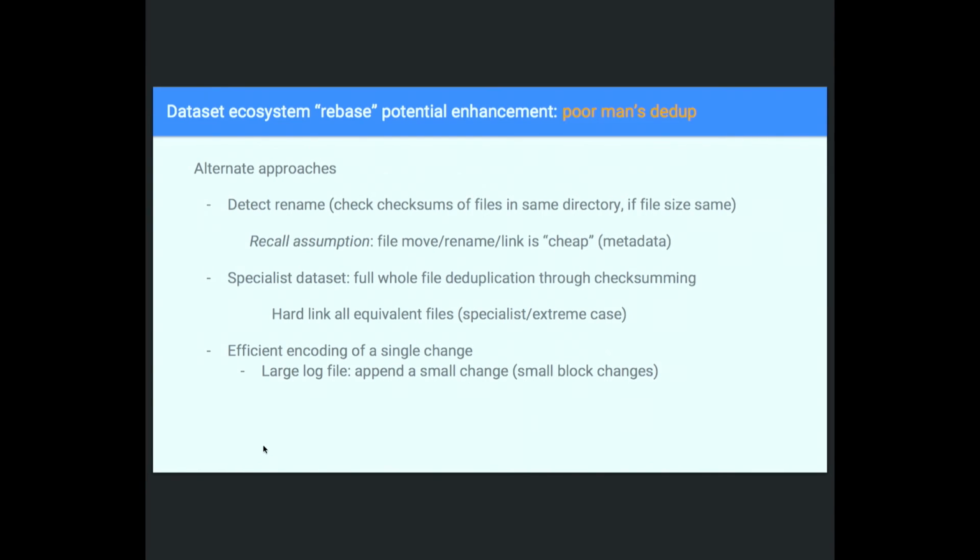This is just a work in progress or idea. If we do a whole file deduplication, we could figure out which files are identical across the entire ecosystem and hard link everything in the destination, and this could be even cheaper. Not practical for every case, but it is an example of reducing footprint.